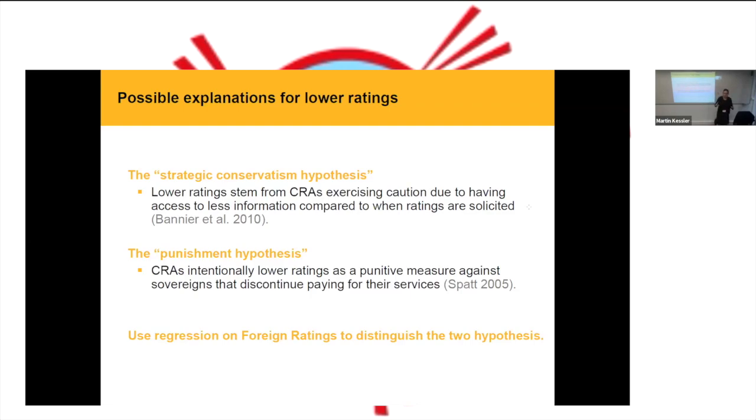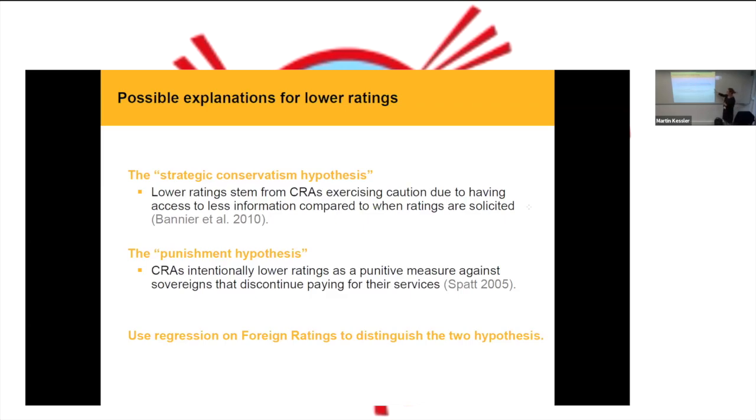Therefore you're more cautious, and your ratings might be lower. This has been argued more in the corporate literature, never in the sovereign one. Then you have the punishment hypothesis, which is that CRAs will punish countries or corporates who do not pay, or discontinue paying.